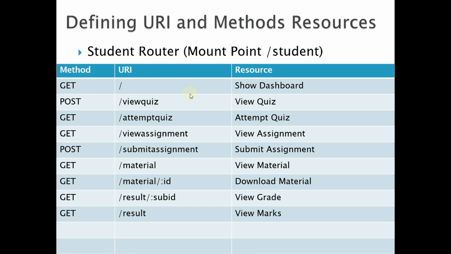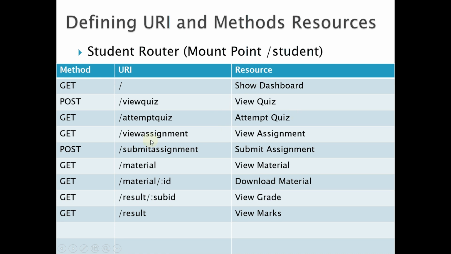Student router. The student router will be mounted at /student, like localhost:3000/student. For the slash he will get the dashboard, and /viewquiz he will get the quiz. He can see the quiz and attempt that quiz.